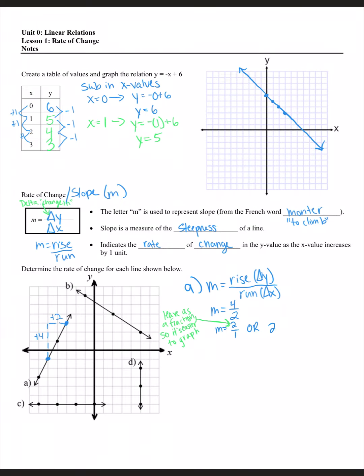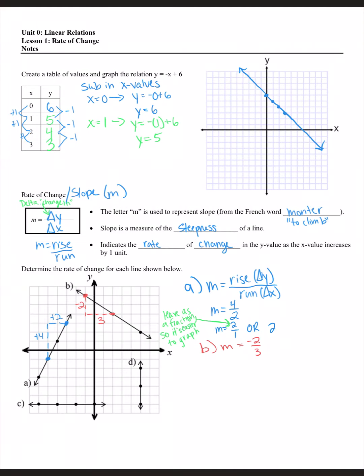But if we look at B, so again, I'm going to pick 2 points and we're going to evaluate them looking at it from left to right. So B and my m, looks like I'm going to rise. Well, this time I'm actually going down. So I'm going down 2 and I'm going over in a positive direction again, 3. So my slope is a negative 2 over 3.